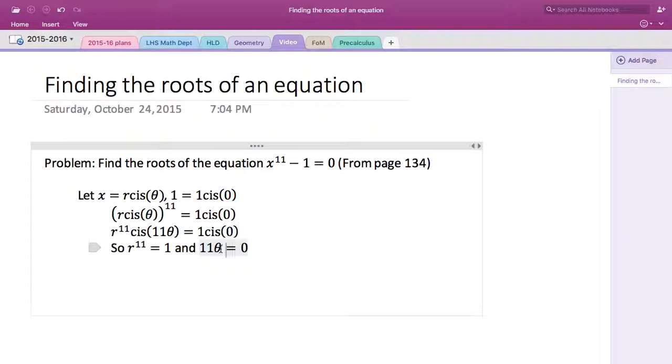Now, since this is a periodic function, 11 theta could be 0 plus 2 pi times any integer k.